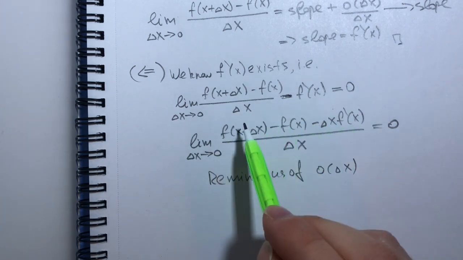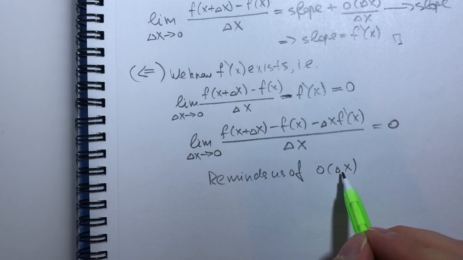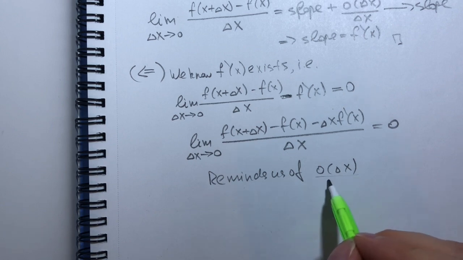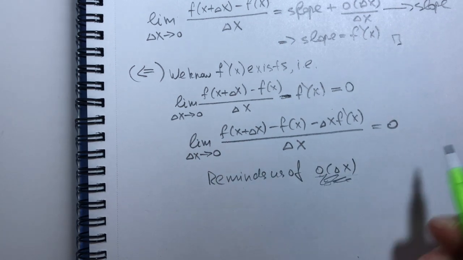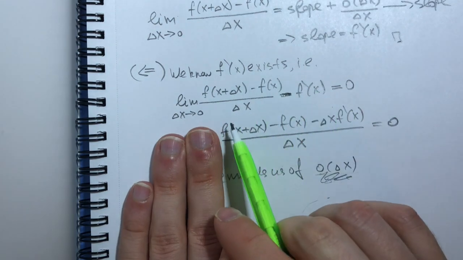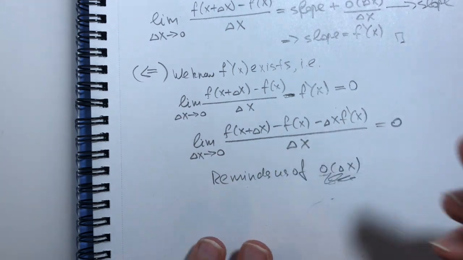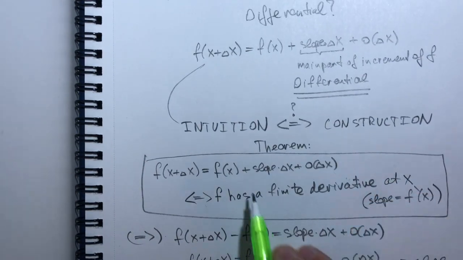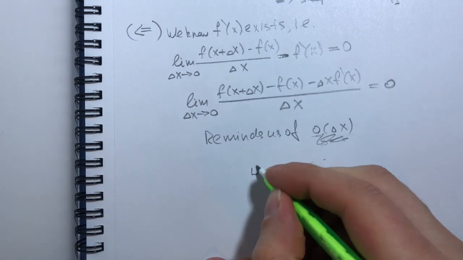Here on top, we have a function that is o little of delta x, because when we take the ratio of it with delta x, it tends to 0. So that means we can rewrite this function on top as o little of delta x, and then it's just a bit of algebra to recombine the terms and demonstrate that we can write our function in this form. So we are done.